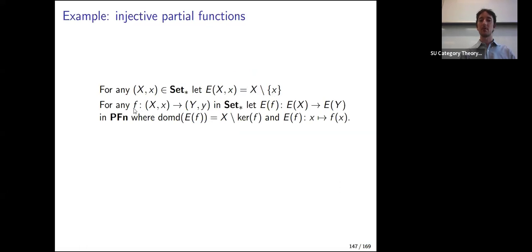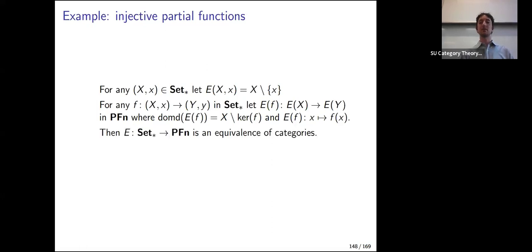And then for a morphism of pointed sets, we take its image under E to be a partial function, where the domain of definition of the image under E of F is everything in the domain of F without the kernel of F. So it's only defined for things outside the kernel, and then it has the same output as F does on all of those things. So you can maybe think of the point as a rubbish bin, and then you send everything in the kernel to the rubbish bin.